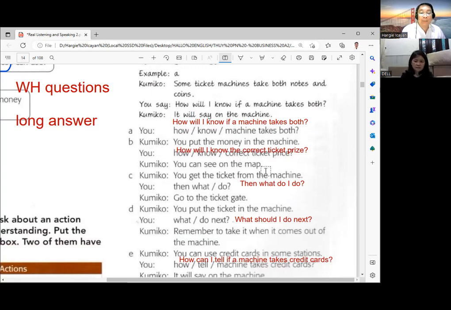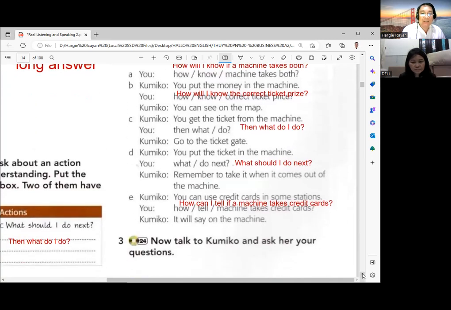You can see on the map. You get the ticket from the machine. Then what do I do? Go to the ticket gate. You put the ticket in the machine. What should I do next? Remember to take it when it comes out of the machine. You can use credit cards in some stations. How can I tell if a machine takes credit cards? It will say on the machine.